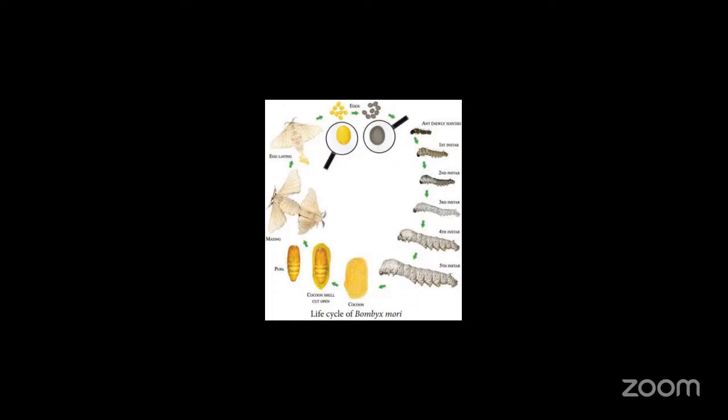And silkworm rearing, okay, a very important stage. In silkworm rearing, women's empowerment is also needed. It is more effectively taken up by the women folk because they have more patience than men. So they care for these sensitive silkworms.